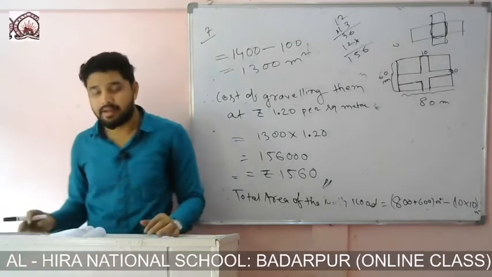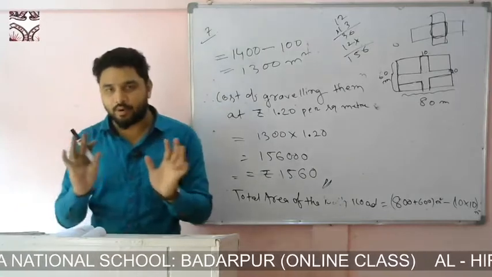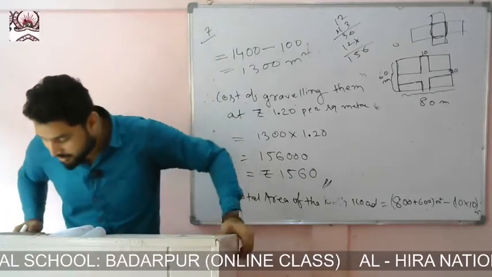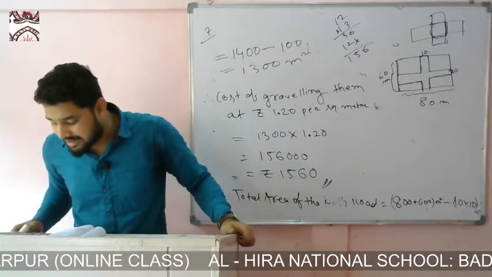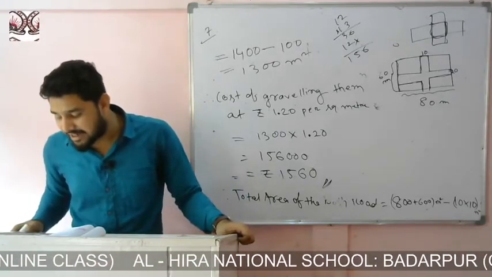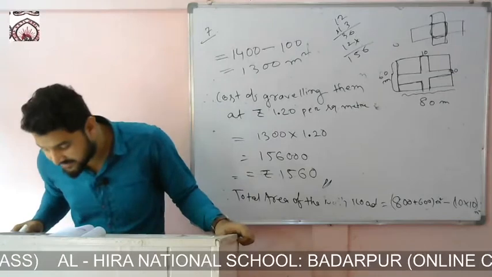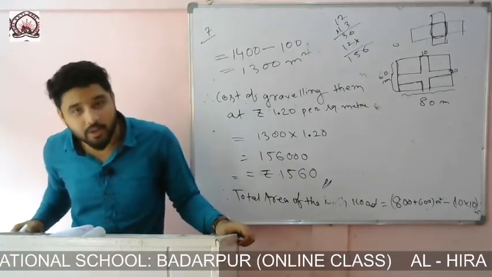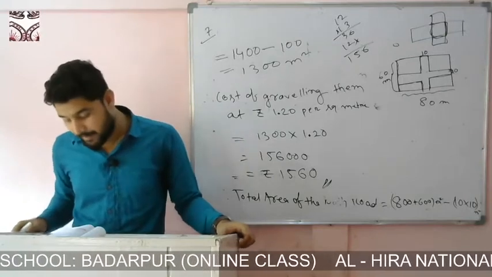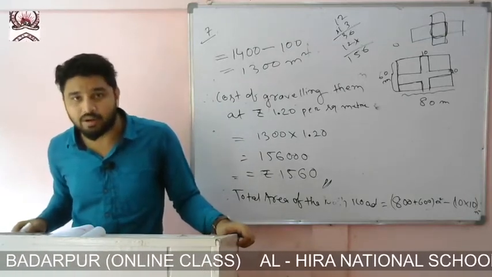The measurement of a floor is given, and the measurement of tiles are given, 50 centimeter by 25 centimeter. Now we have to find the number of tiles required for this particular floor.